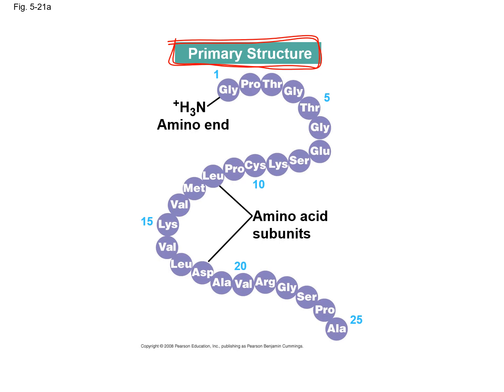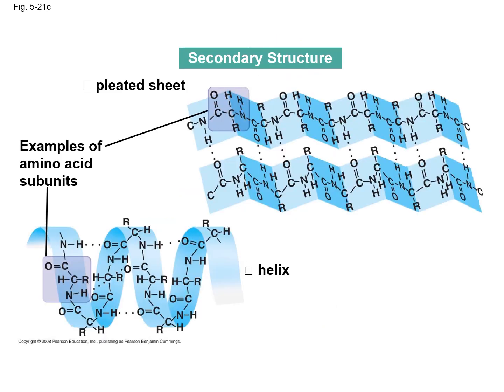So this is an example of a protein, and each individual one are the amino acids listed by their abbreviations. So glycine, proline, threonine, glycine, and so on.